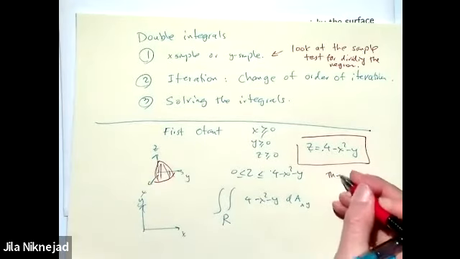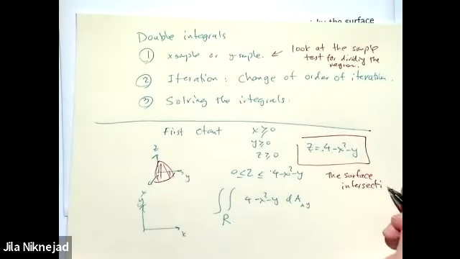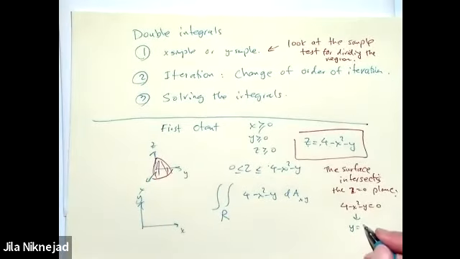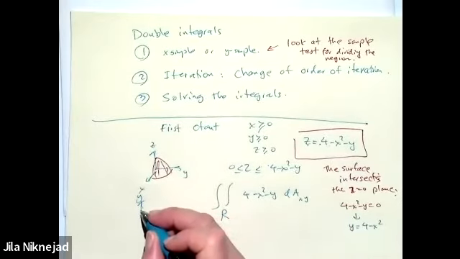So the surface intersects the z equal to 0 plane at 4 minus x squared minus y equal to 0. Solving for y gives me y equal to 4 minus x squared.